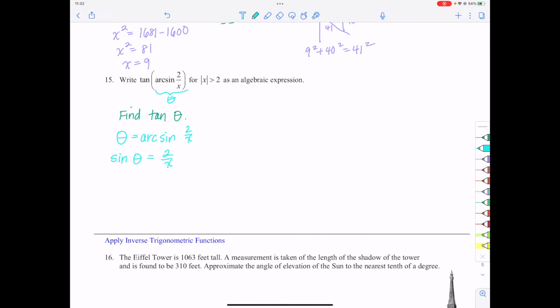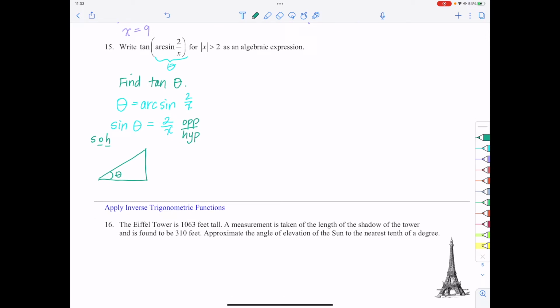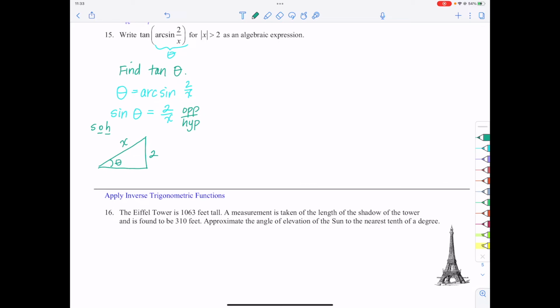And you remember, this is going to be the opposite over the hypotenuse, okay? So we could just draw a little triangle here, and we could have our theta, we could have 2, and we need x to be that hypotenuse, okay?